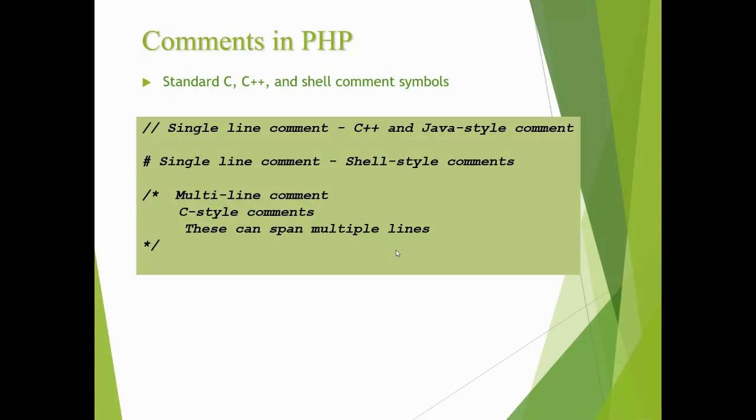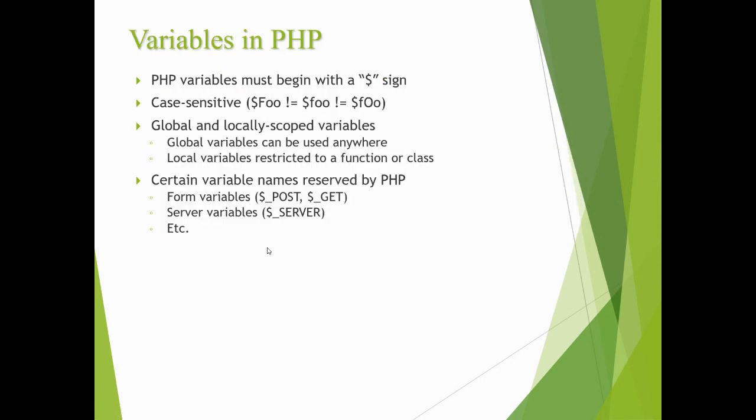You can do single line commenting and multiple line commenting. For single line comments you can use double slash or the hash, and for multiple line comments you can use this. You can see here.